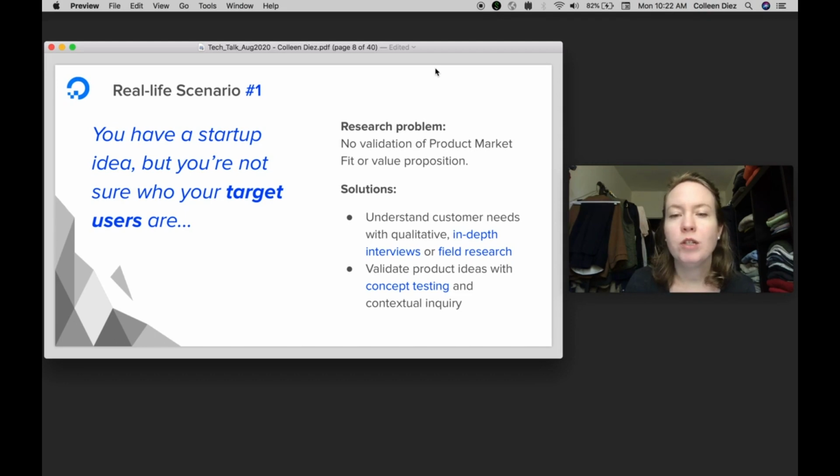So some research related solutions for this would be that you need to understand your customer needs with qualitative in-depth interviews or with field research. You also probably want to validate your product ideas with some form of concept testing or contextual inquiry.